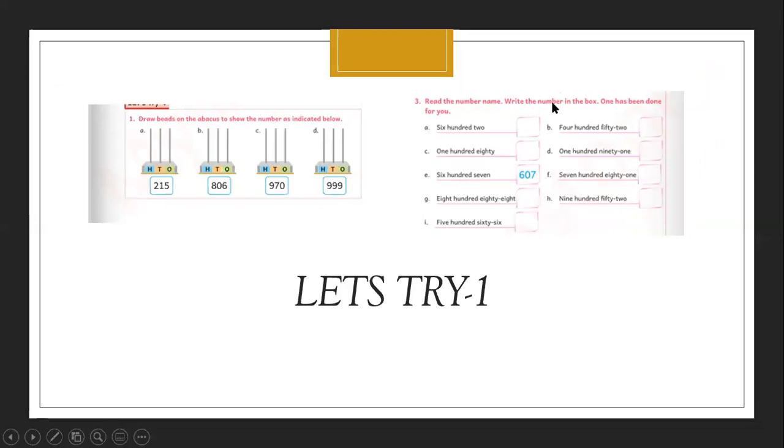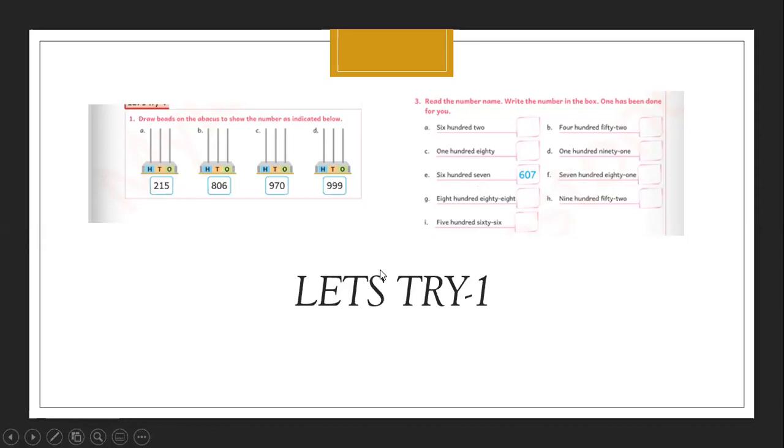And read the number name and write the number in the box. 602. 180. 880.